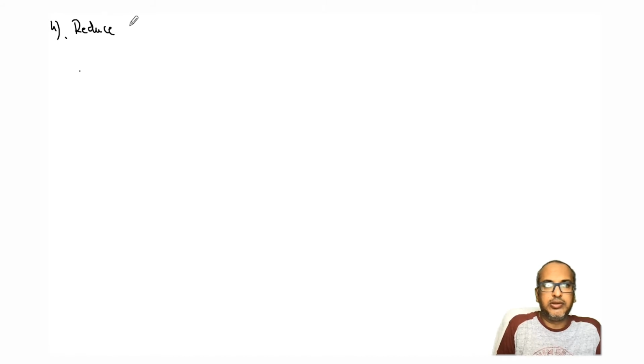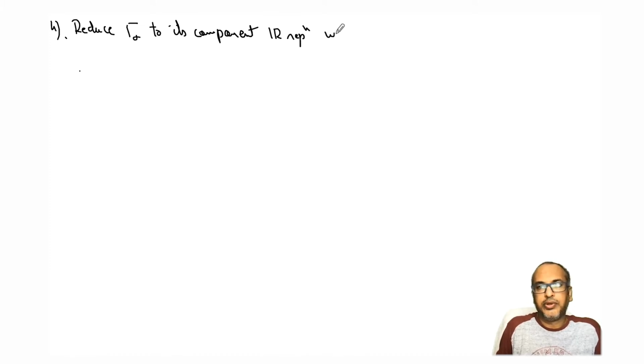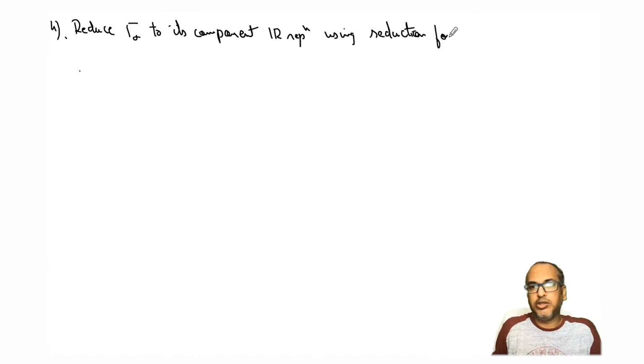Reducible representation, irreducible representation. So step number 4 is to reduce tau sigma to its component irreducible representations using the reduction formula. At this point, I don't think I need to remind you what the reduction formula is. You should be well aware of this. I'm not going to do that calculation either.